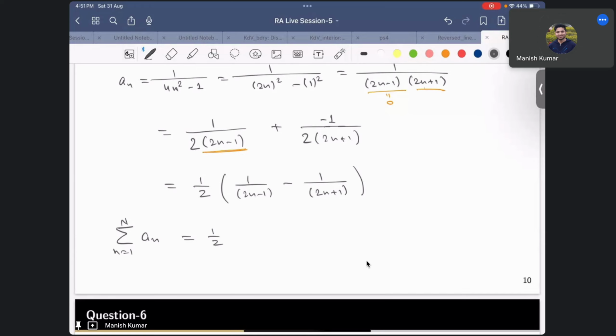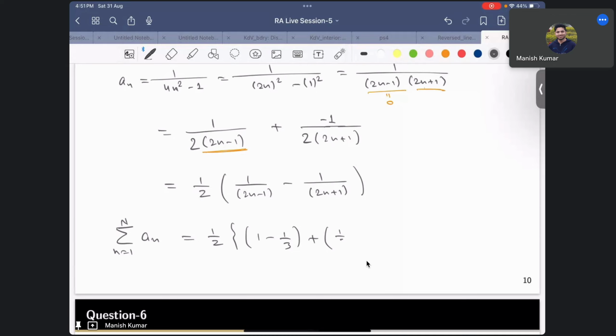At last you will get 1 by 2n minus 1 minus 1 by 2n plus 1. So this is how the series will look. This is just a sum of finite terms. I am not summing it infinitely. Now if you notice here, there is a cancellation between consecutive terms.